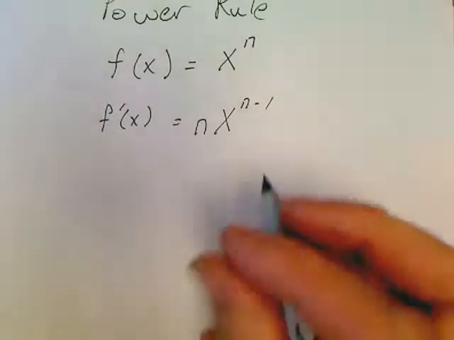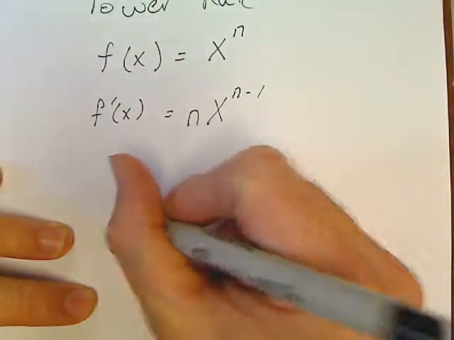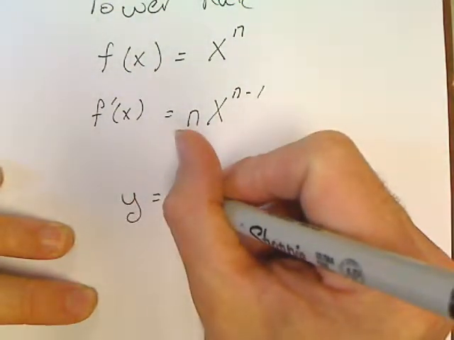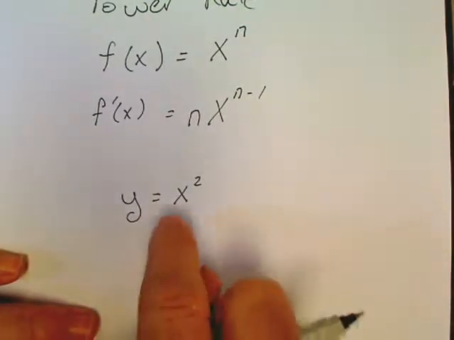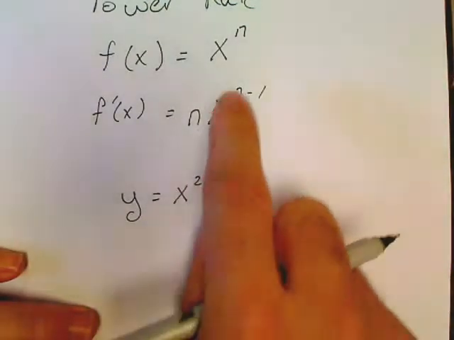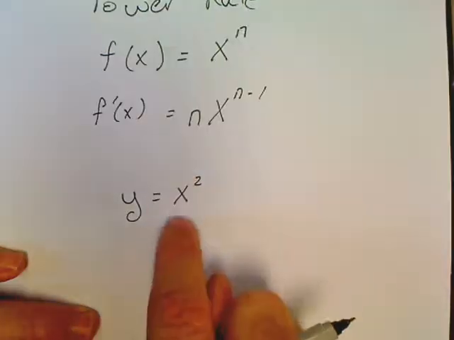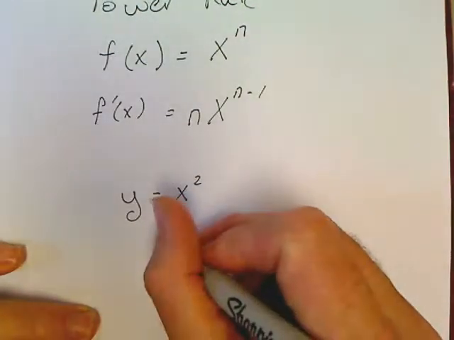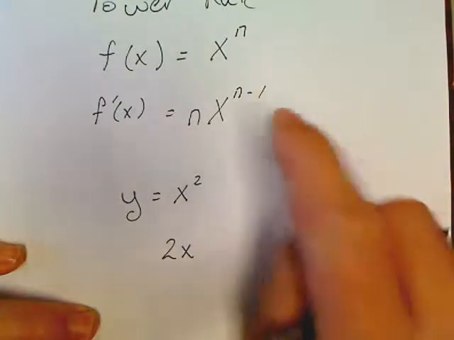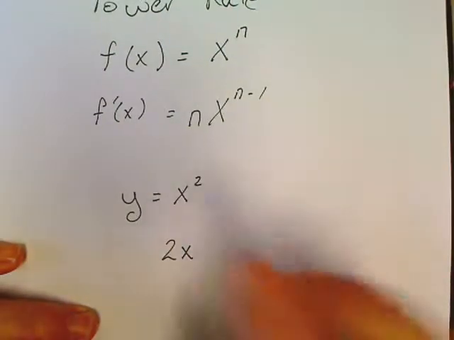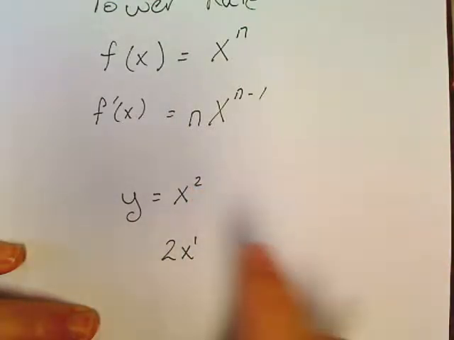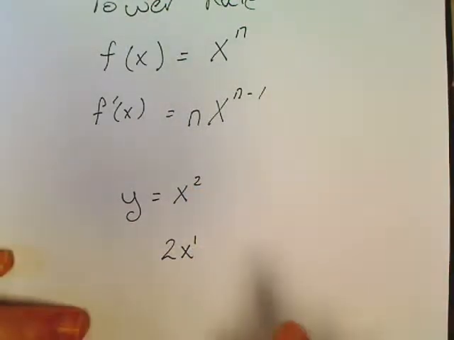If we go back to this parabola, the equation for the parabola is y equals x squared. If I want to find that slope, all I've got to do is follow this. Multiply by the exponent, so this would be 2 times x, and then subtract 1 from your power. 2 minus 1 is 1, which you really don't have to write.